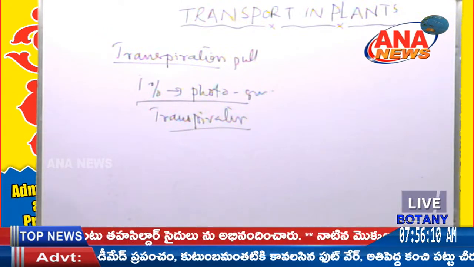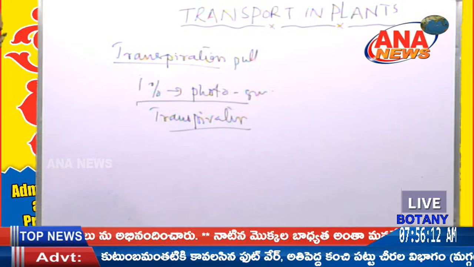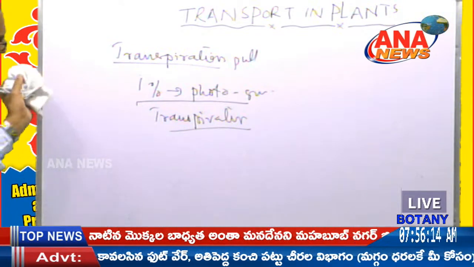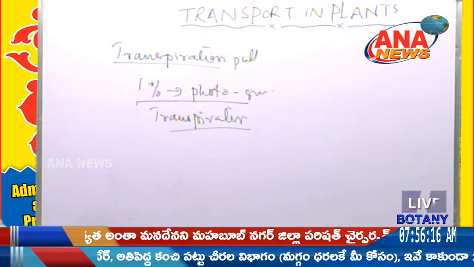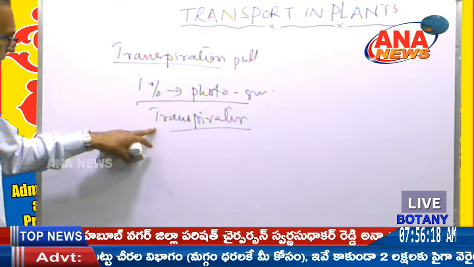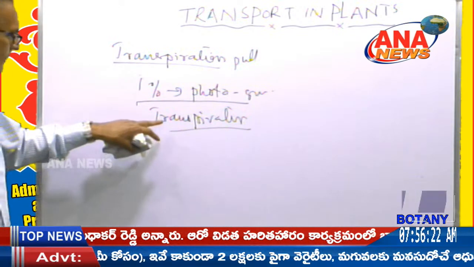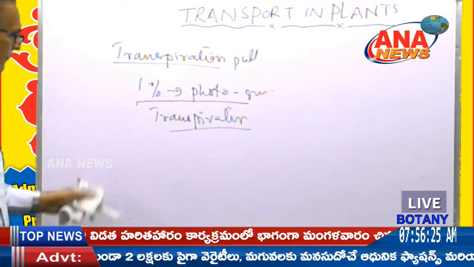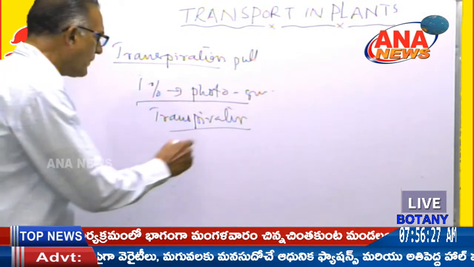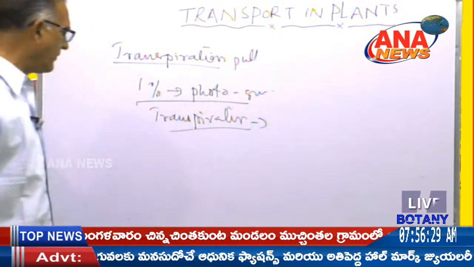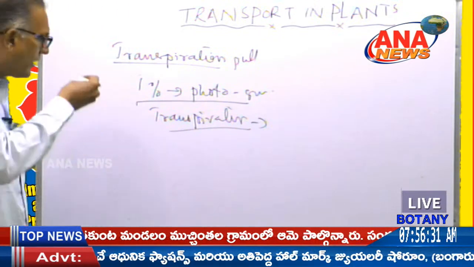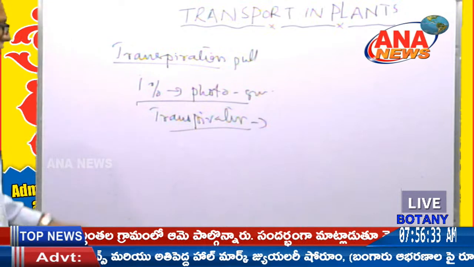So the ascent of xylem sap against the gravity force, the transpiration pull, helps the ascent of xylem sap through the stem.